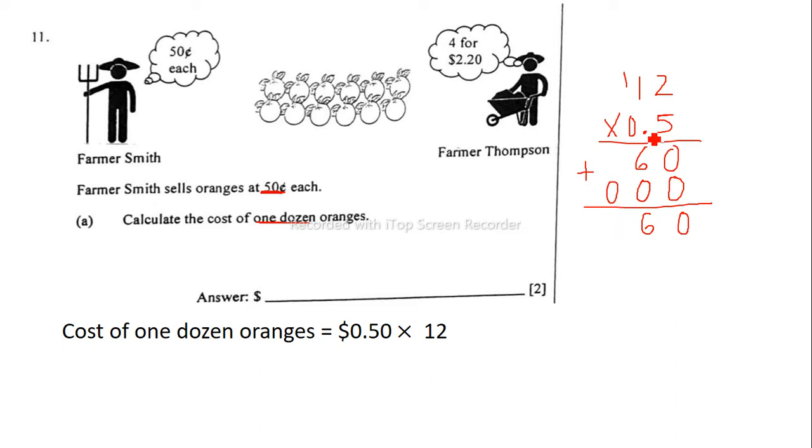Then we only have one decimal place, so we only put one decimal place. So that's going to be $6.